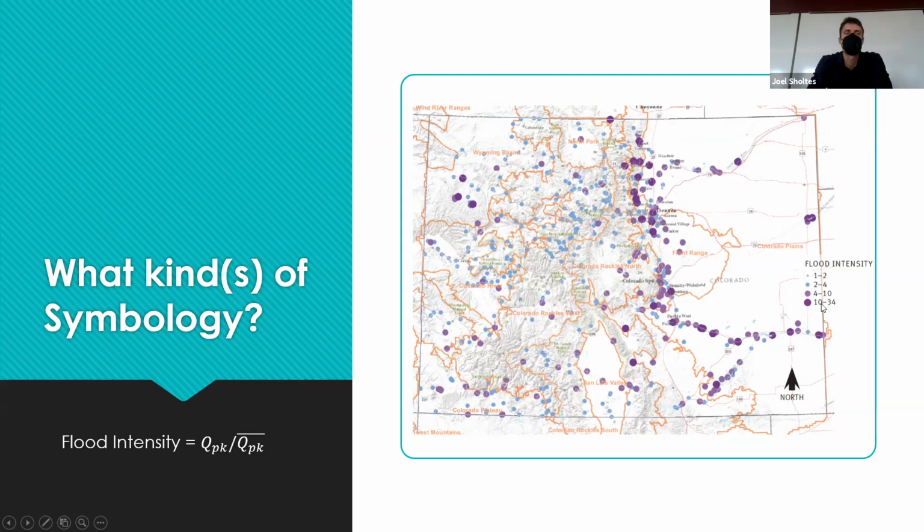Yeah, because this is an arbitrary demarcation between values, 2 to 4, 4 to 10. Where you put that break in the categories, you need to have a good reason for that. I chose 4 as an important threshold.